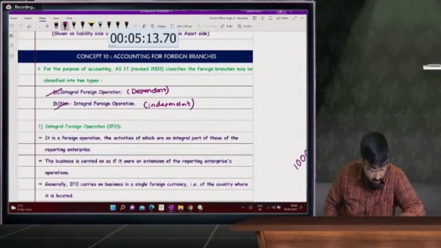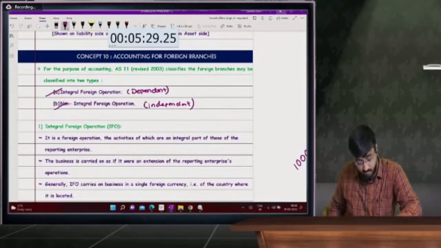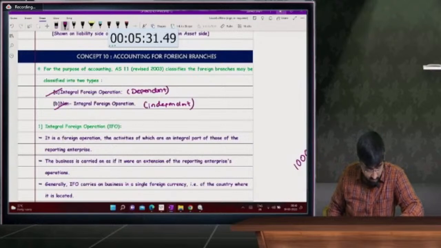स्नेहा बहुत बढ़िया बेटा, आपने भी अच्छा दिया था. Okay.